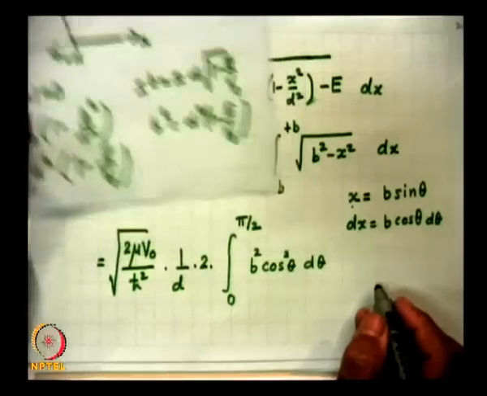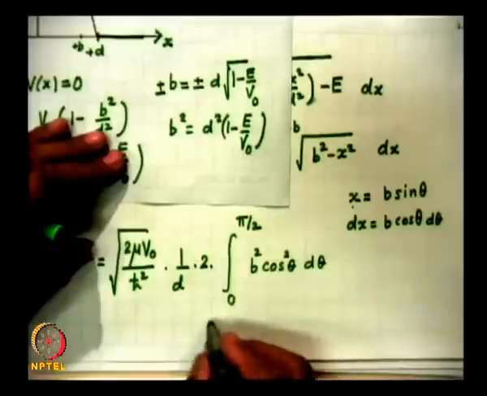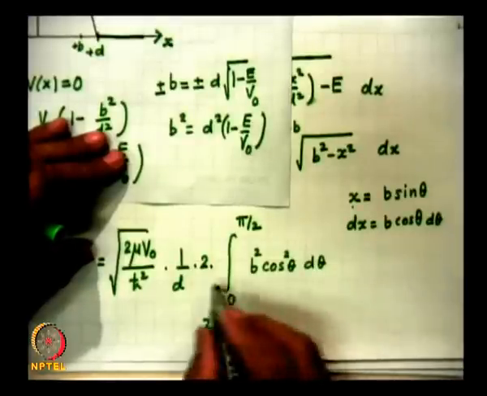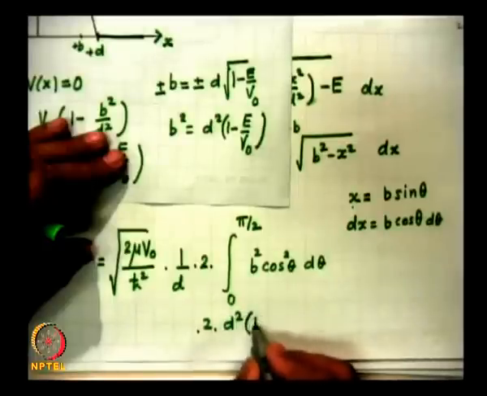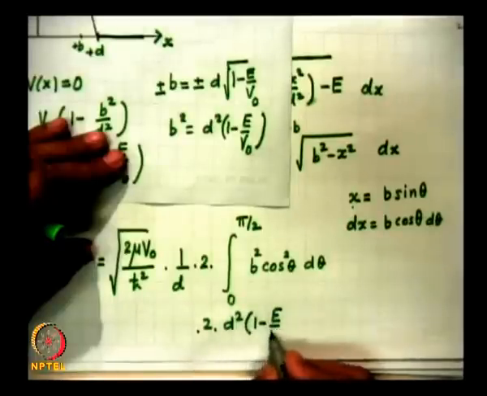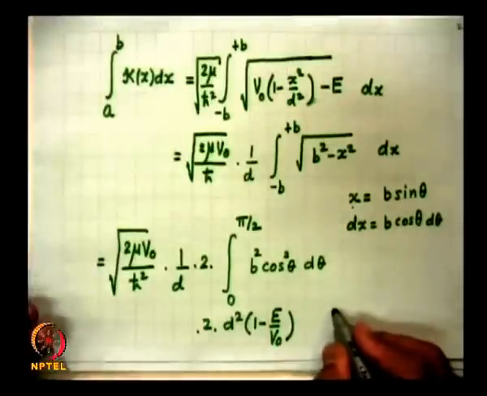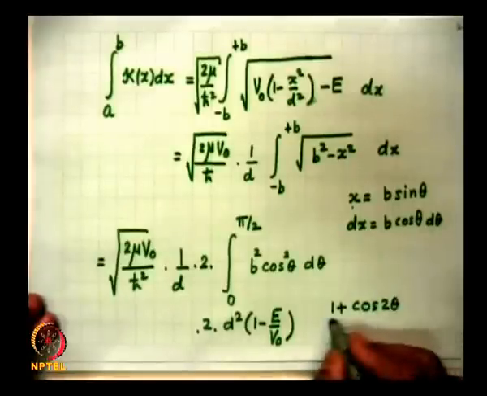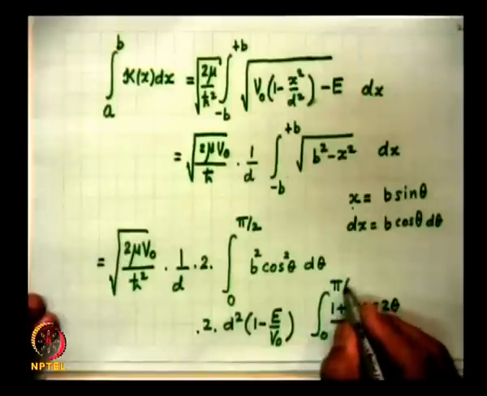Okay. So, we will write down. So, b square is equal to, so I take b square outside. So, we will get 2 times b square, that is d square, 1 minus E by V 0, multiplied by 1 plus cos 2 theta by 2, integral from 0 to pi by 2.